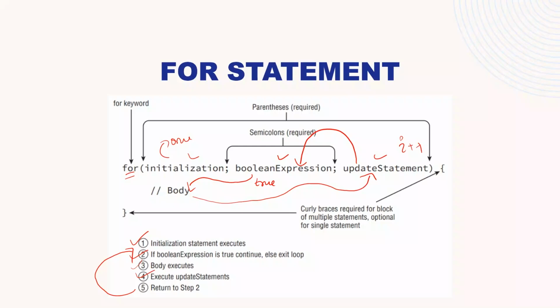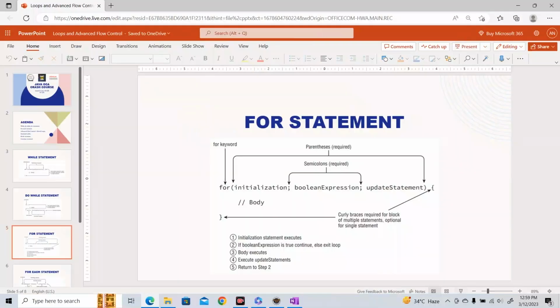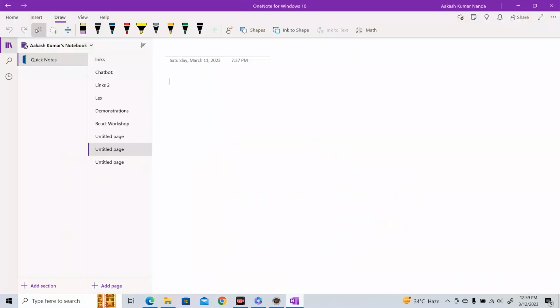Now let us see some questions or examples where you may be tricked in the exam. Remember that variables declared inside the initialization block of a for loop have limited scope and are only accessible within the for loop. Let us see an example.